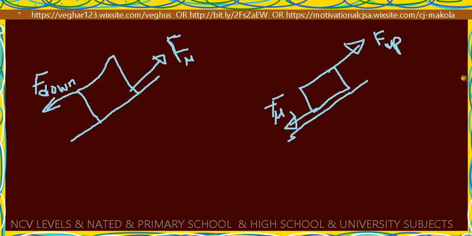So to derive the equation, you must know that the friction force does not go along with the applied force. So now let's take it that the object is moving upwards. Then the friction force will act downwards.